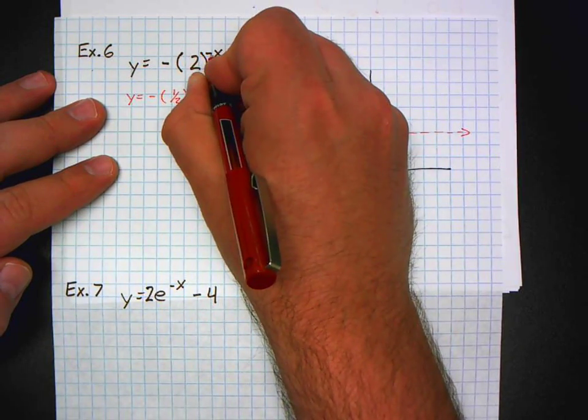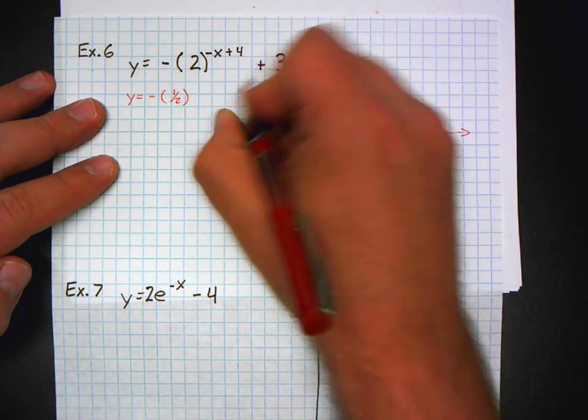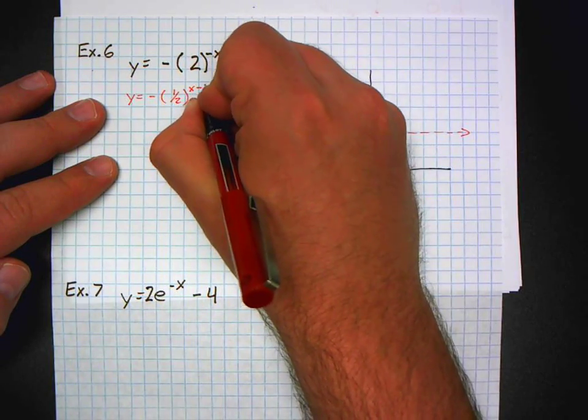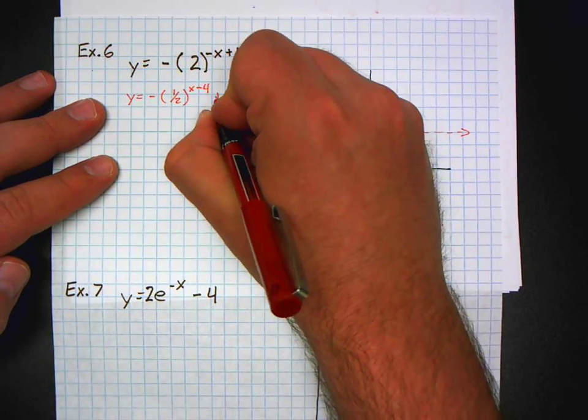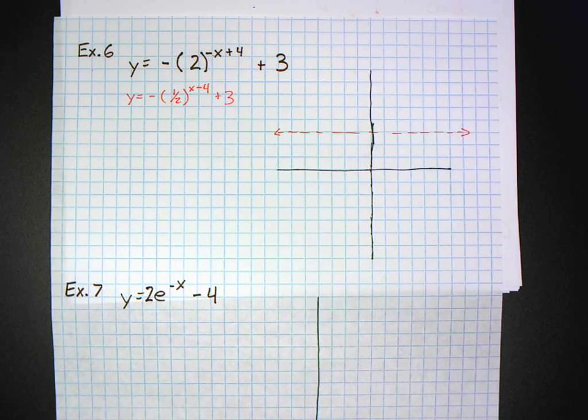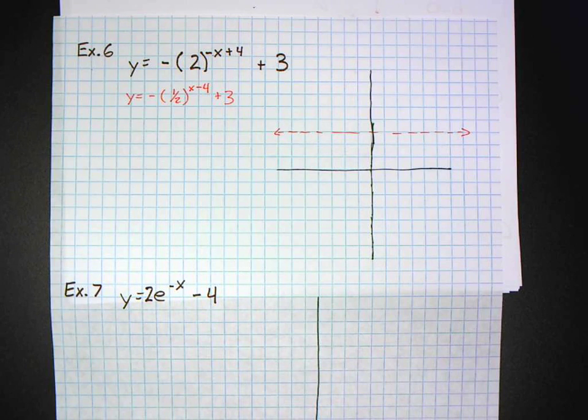In order to take that negative out, I have to take it out of the entire exponent. So my actual exponent up here is this. So that's going to become an x minus 4. So my actual h value is positive 4.